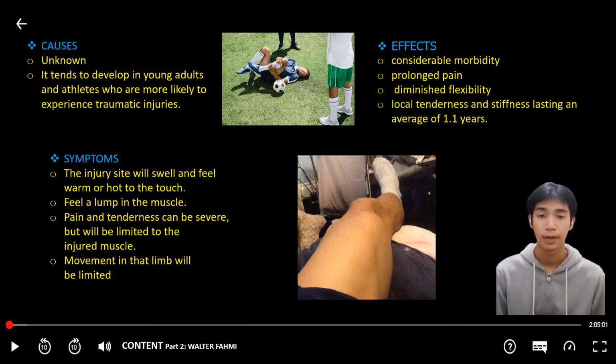Lastly, the effect of myositis ossificans is considerable morbidity with symptoms of prolonged pain. It will also diminish your flexibility, and lastly, local tenderness and stiffness will last an average of 1.1 years.